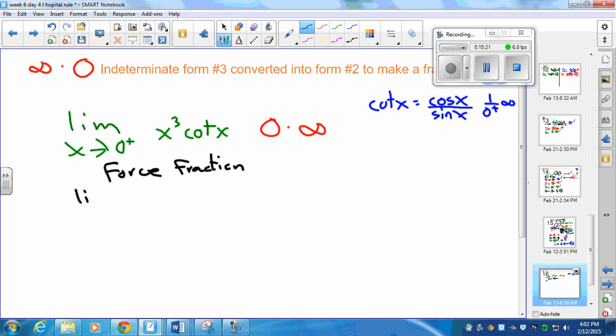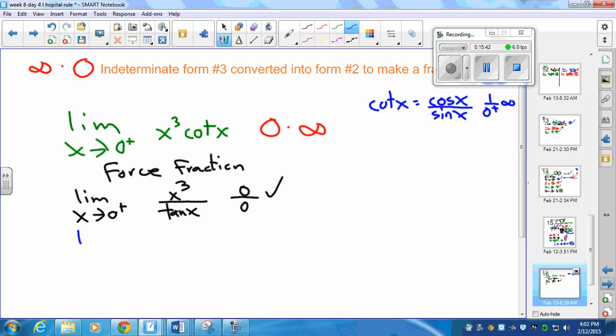I get limit x goes to 0 from the right side of x cubed over, and I just need to pull down that cotangent. But when you pull that down, I think I can make it tangent x. Let's see here. Plug in, I get 0 over, let's see, tangent is 0, indeterminate.